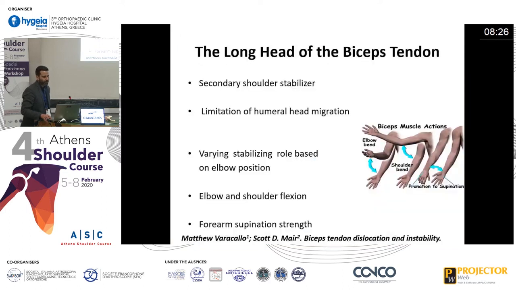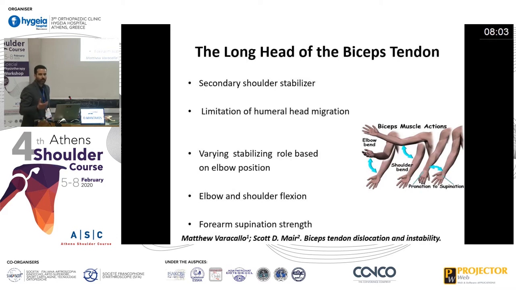Let's stay first on the long head of biceps, which is the main tendon that actually brings the patients to the doctor for treatment. It's a secondary shoulder stabilizer, limiting humeral head migration. It has a variable stabilizing role based on elbow position, elbow and shoulder flexion, and the forearm.